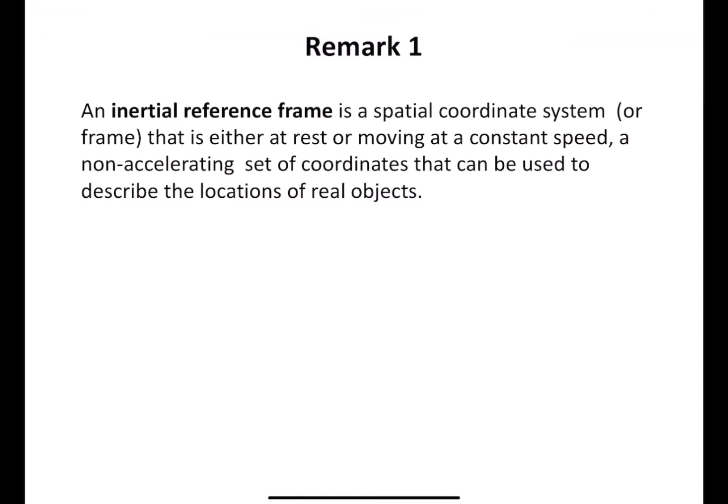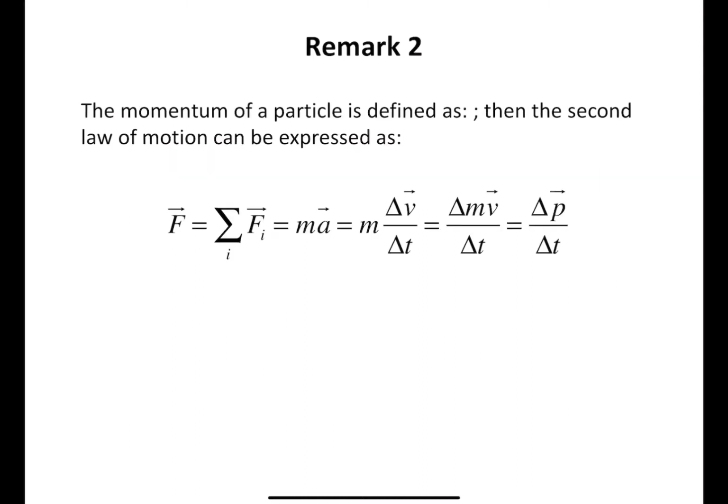We already mentioned all the remarks, so please read. Inertial frame, we call this sum. Later when we work through an example, we'll know how to do this one. And another thing is this law, F equals ma, can be written in another form. Remember, a is delta v over delta t.